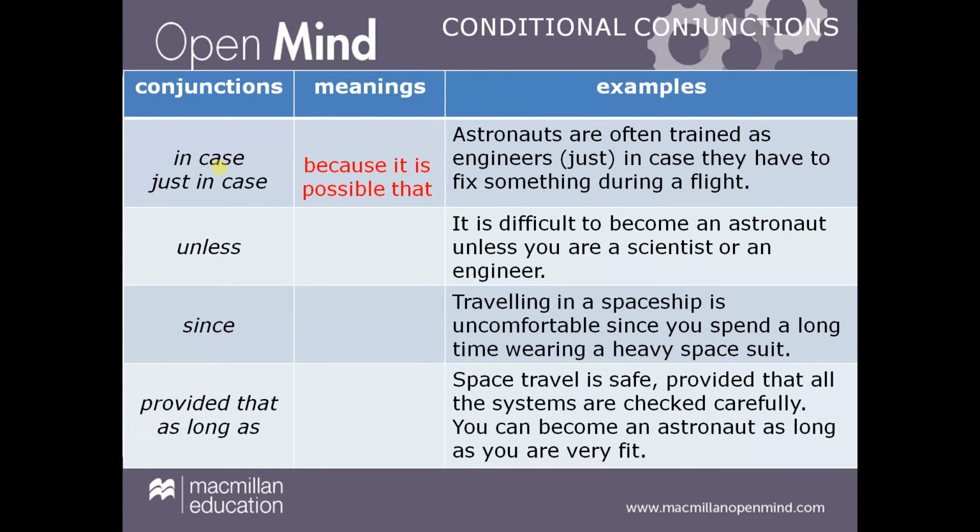Unless. The meaning of unless is except if. And look at the example on the right. With since, the meaning is because it is true that. Now look at the example.